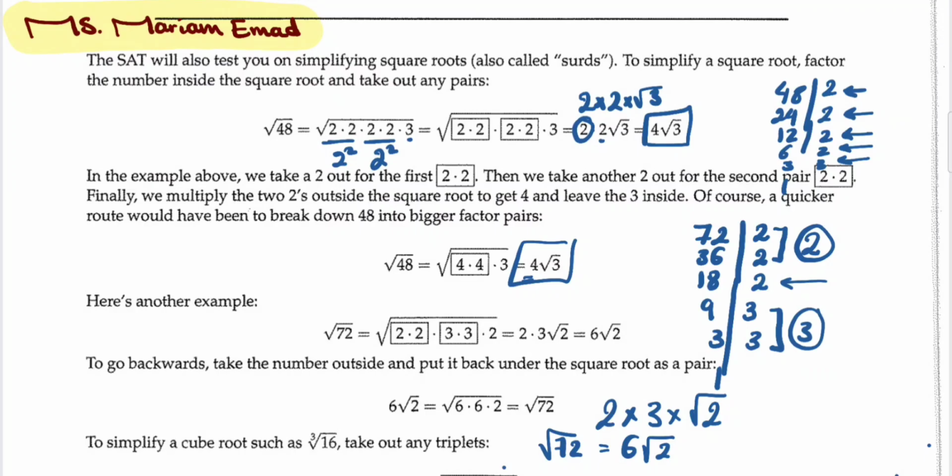So can you go backward? If you have 6 root 2, I want to put it in just one square root. So what do you think?